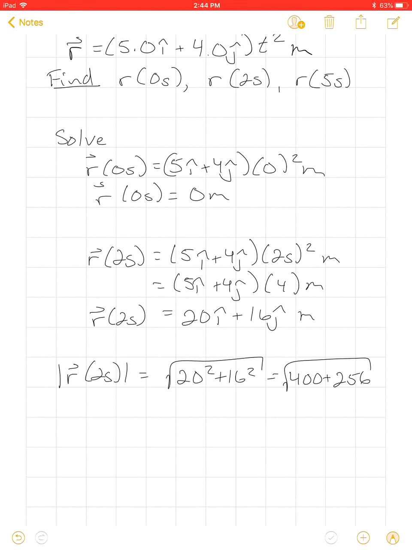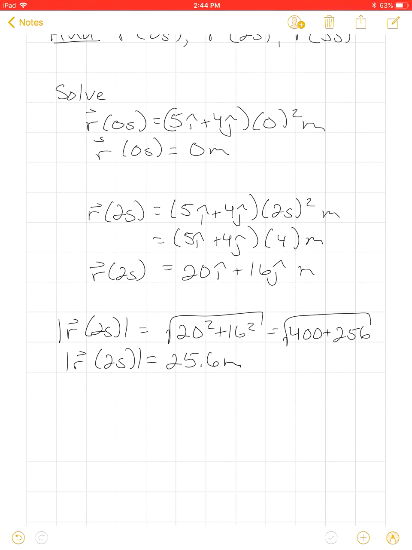We're going to add those up and square root it. So the magnitude of r at 2 seconds ends up being 25.6 meters. Okay?